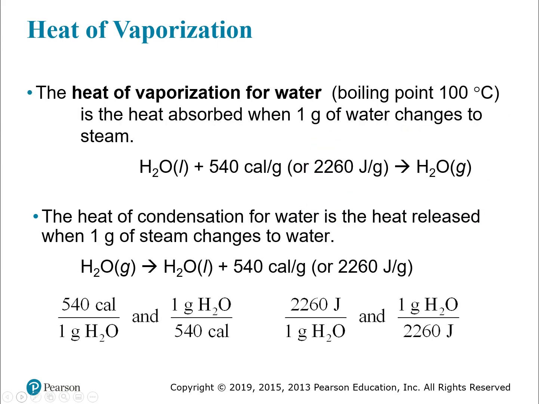So the heat of vaporization for water, we're talking about 540 calories per gram, or 2,260 joules per gram. So much more energy here for the heat of vaporization than for the heat of fusion. In this first equation, we've got heat being added, right?